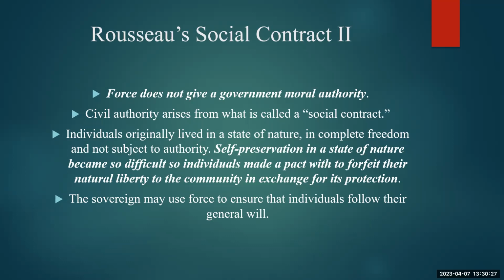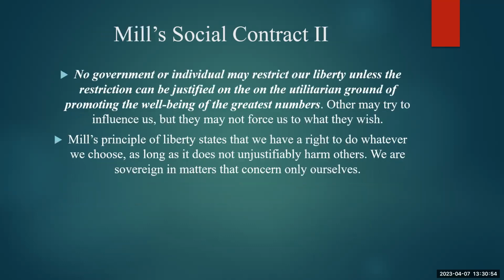We have a degree of freedom, but we want to make sure that we can protect that freedom in some way. So we enter into a contract with a sovereign, and again, this is a sovereign that can be overthrown through the voting process. We can overthrow them because there's a degree of arbitrariness in an authority or sovereign that is fickle or subjective. Any kind of arbitrariness, including the use of force, is always frowned upon by Rousseau.